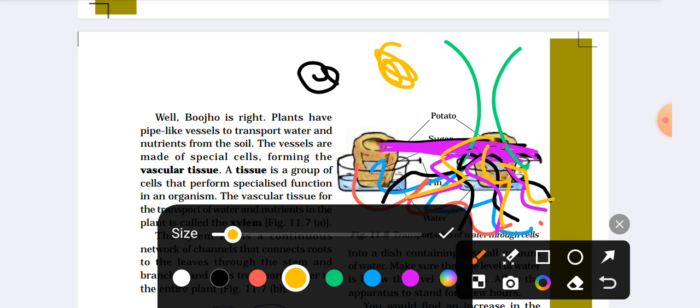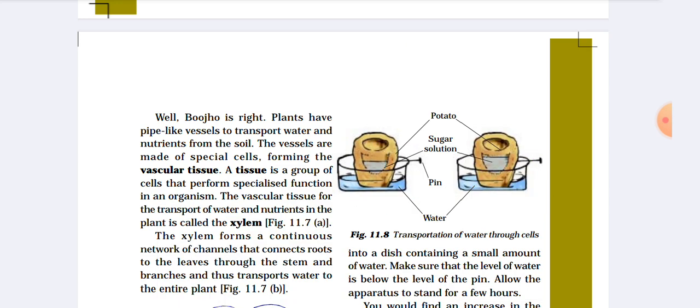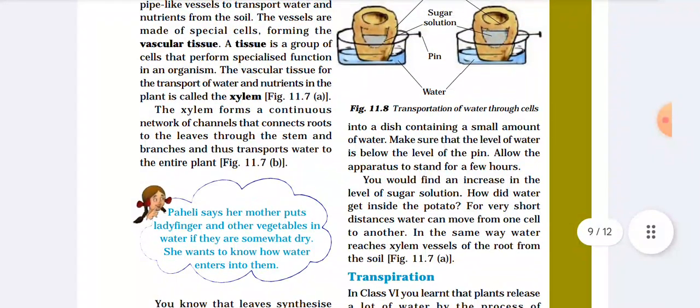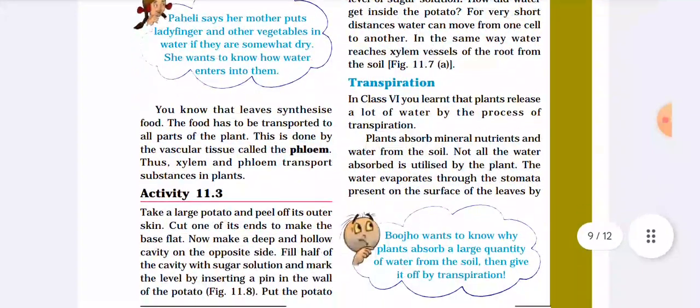These roots absorb, and the phloem and xylem transport it to all parts of the plant. Xylem transports water and nutrients, and phloem transports the food prepared by the leaves to all the parts of the plant.